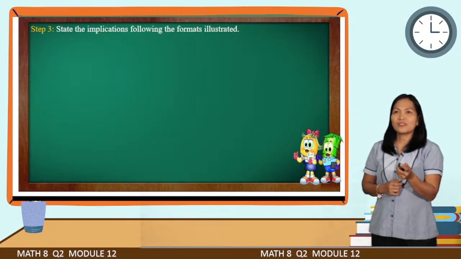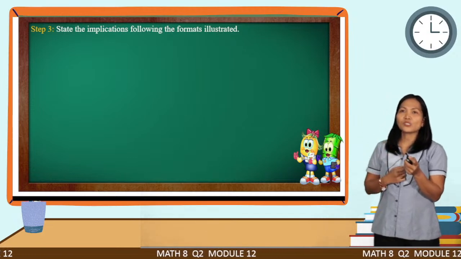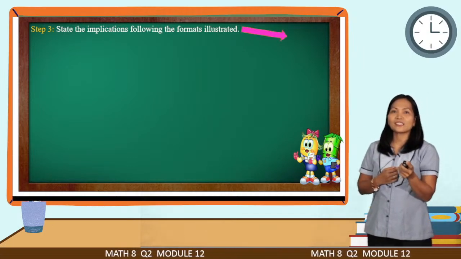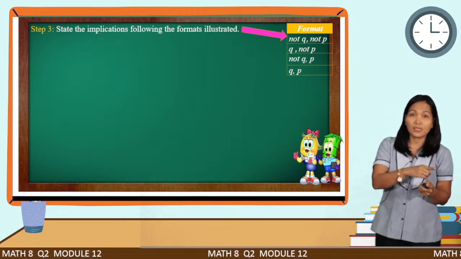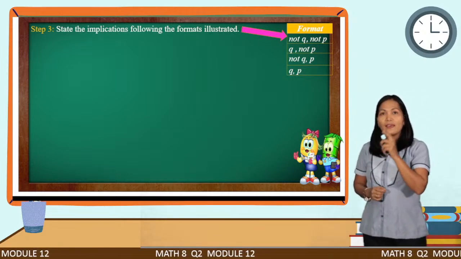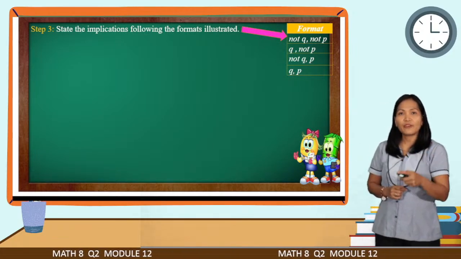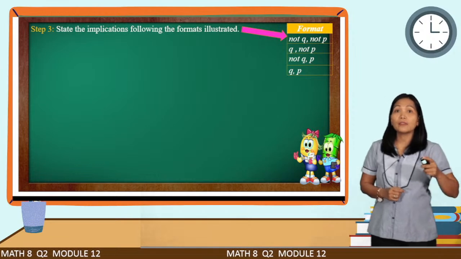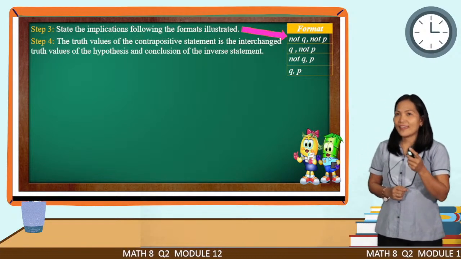For step 3, state the implications following the formats illustrated. Let us be guided by this. If not Q, then not P. If Q, then not P. If not Q, then P. And the fourth one is if Q, then P. Look at this.